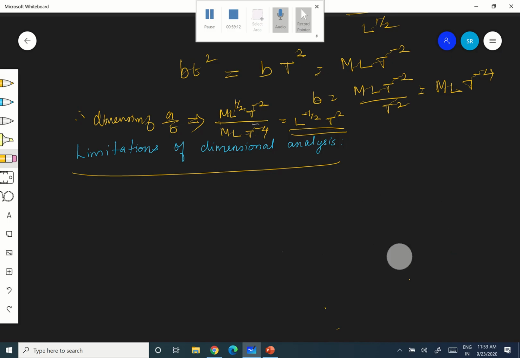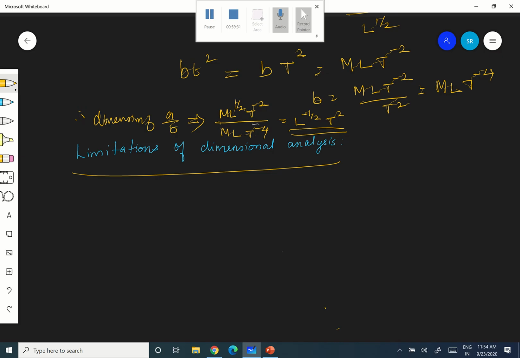You cannot use dimensional formula to derive the formula for those physical quantities if it depends on trigonometric, logarithmic or exponential functions. Are you following?